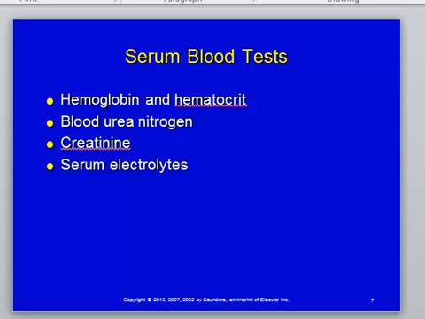Remember also that the kidney functions to produce erythropoietin, which stimulates red blood cell production by the bone marrow. And it also metabolizes vitamin D into its active form, which is important, especially with calcium. So those may be some red flags for us as we look at our serum blood tests, but know that there are a lot of other differentials that you have to think about as well.